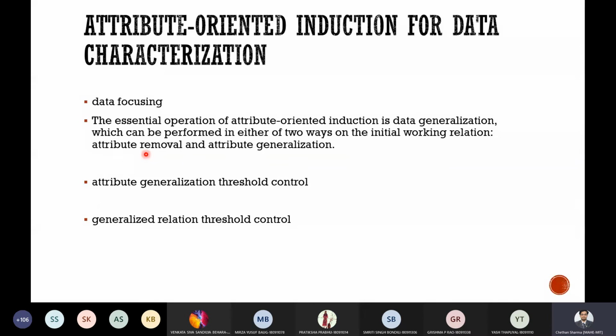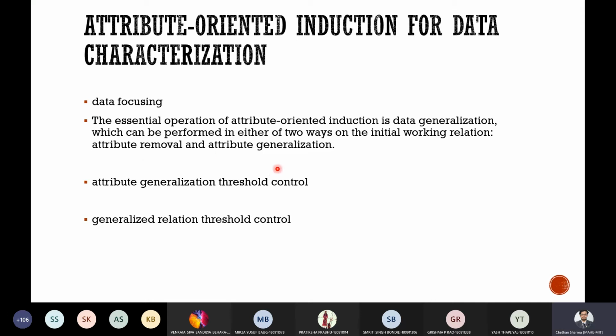Case one is there is no generalization operator on the attribute, that is, there is no concept hierarchy for that particular attribute. Case two is the higher level concepts are expressed in terms of lower level. If any of these cases holds, that particular attribute should be removed from the working relation.